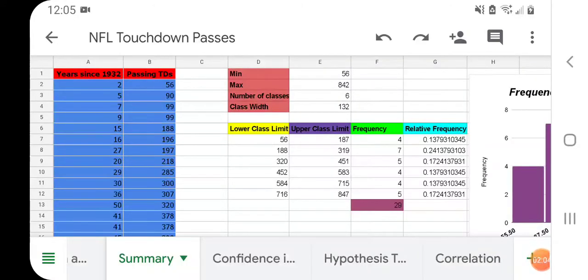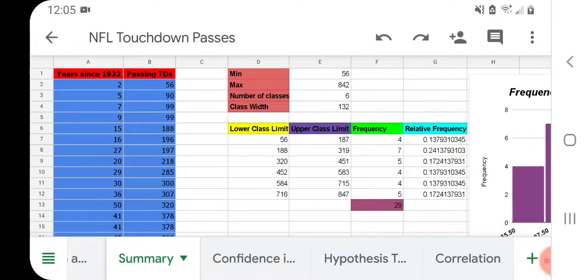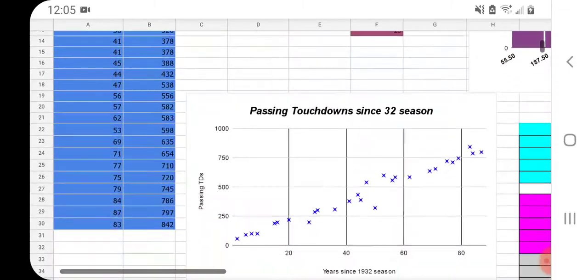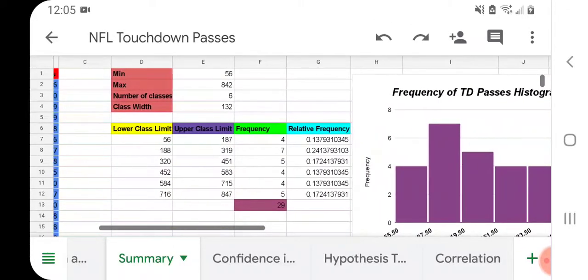All right, let's move on to the summary of all the data. As you can see on the left again, I have the years since 1932 and the passing touchdowns, just the data, organized better right there. And then here's the min, the max. I went with 6 classes, and for that the class width would be 132.